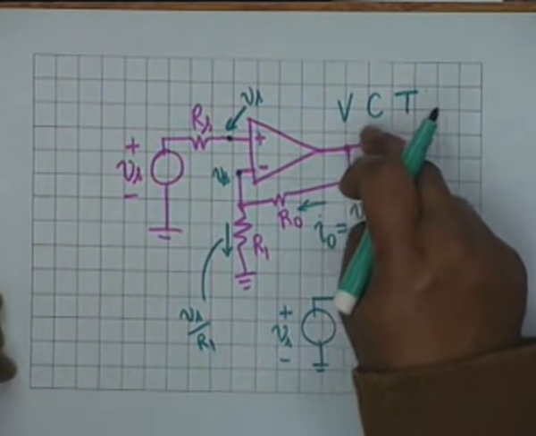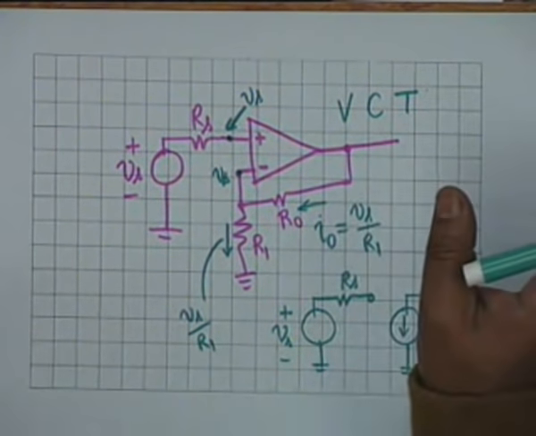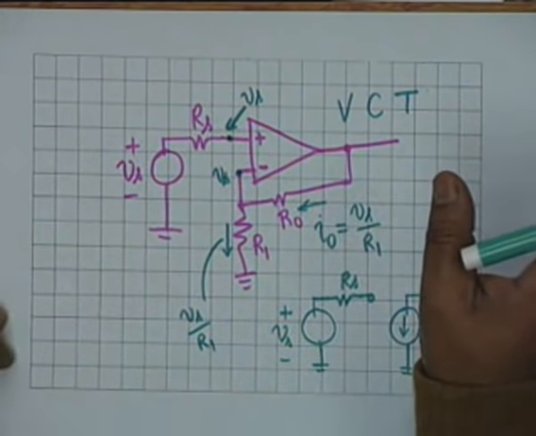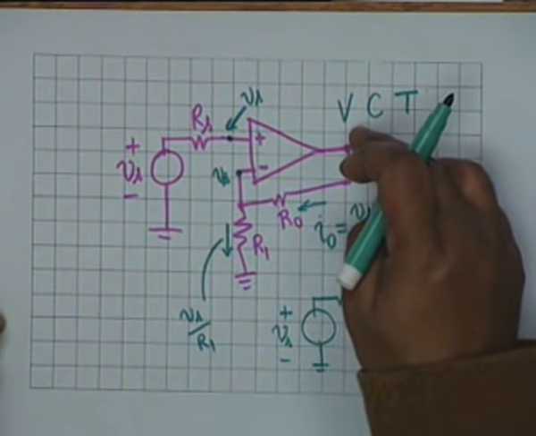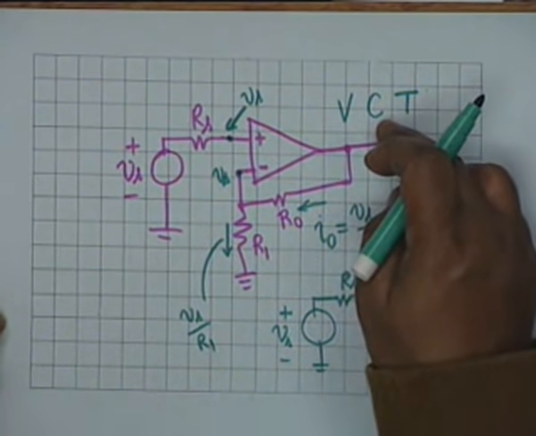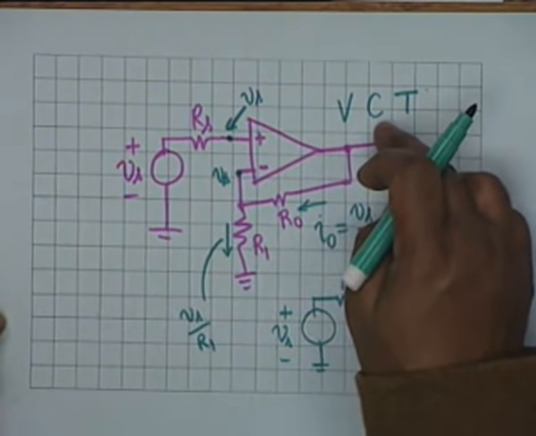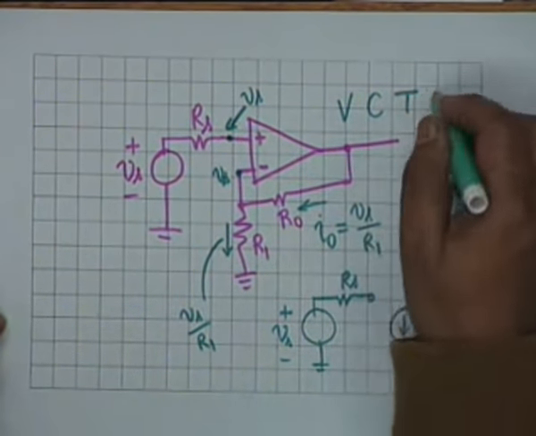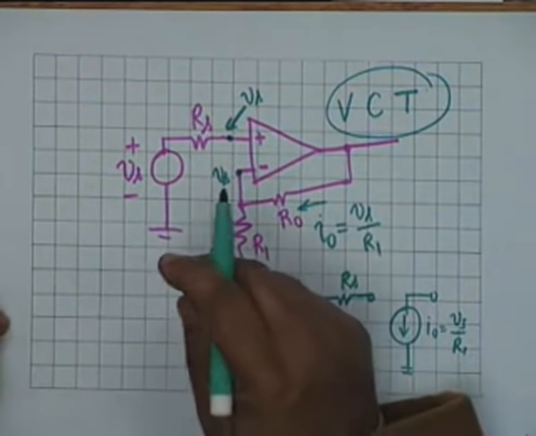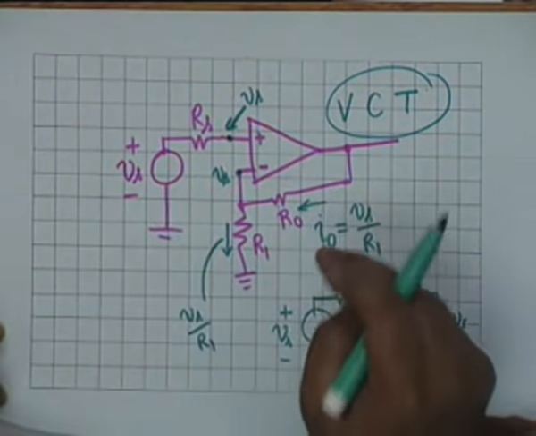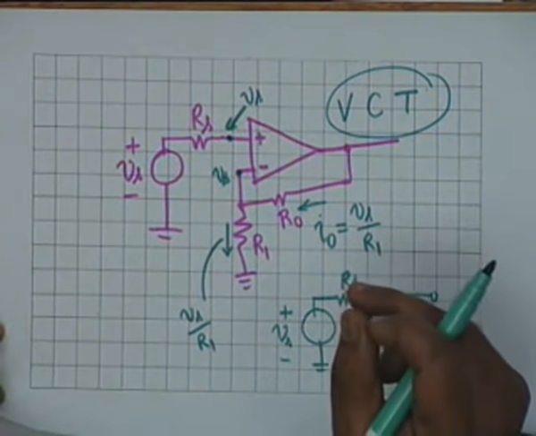A voltage is converted to a current, both electrical quantities, but the nature of the quantities are different. One is an across variable, the other is a through variable. So it is called a voltage to current transducer, or simply VCT. Similarly, you could have a CVT, current to voltage transducer.